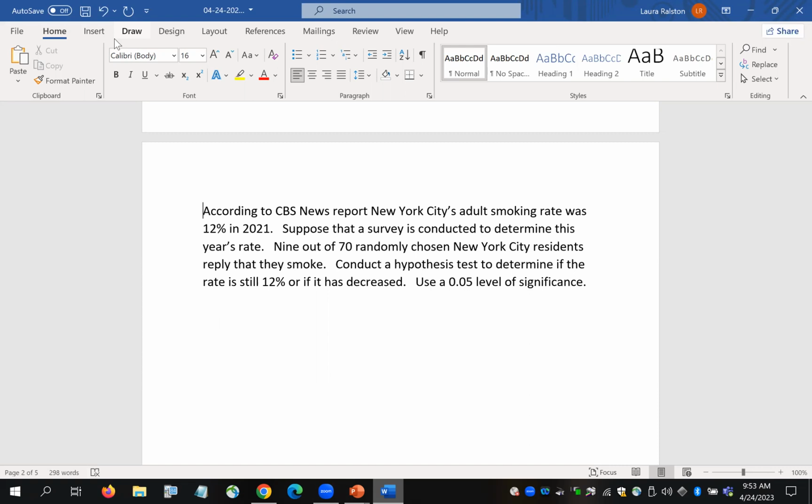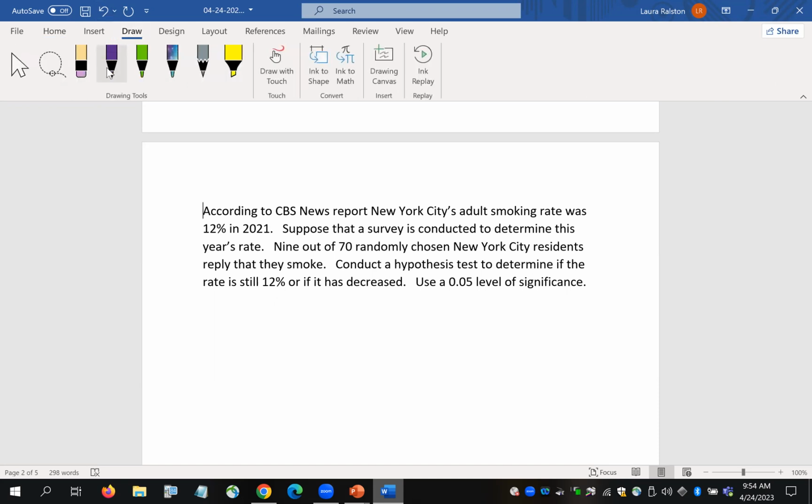Suppose that a survey is conducted to determine this year's rate. 9 out of 70 randomly chosen New York City residents reply that they smoke. Conduct a hypothesis test to determine if the rate is still 12% or if it has decreased. Use a 0.05 level of significance.